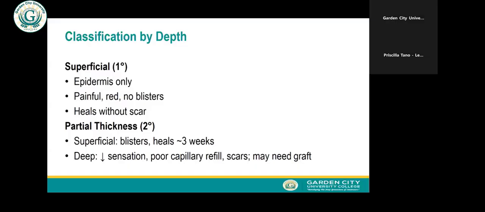Right, so we know the skin: the epidermis, dermis, subcutaneous tissue. Beneath it, we have the muscles and the bones, right? So we have the classification by depth of the skin.